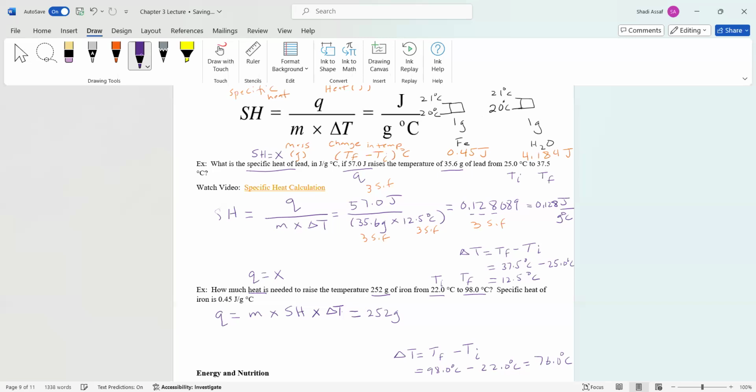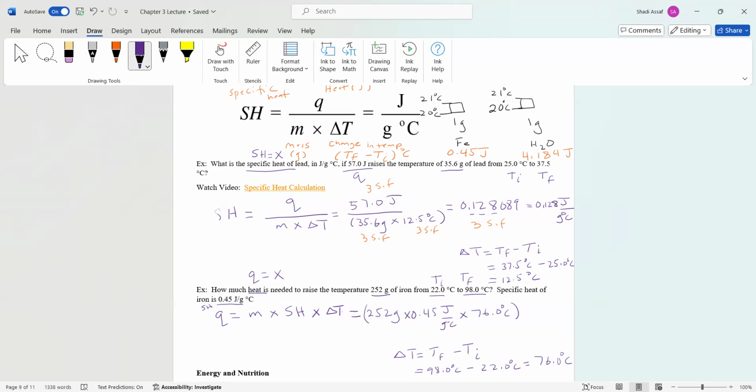And then the specific heat is given right here. This is SH. So times 0.45 joules per gram Celsius times the 76.0 degrees Celsius. And then we multiply all of these together.